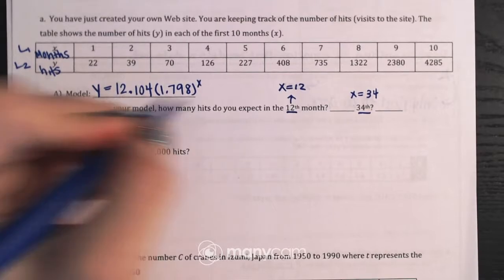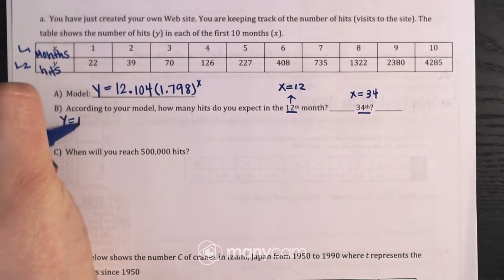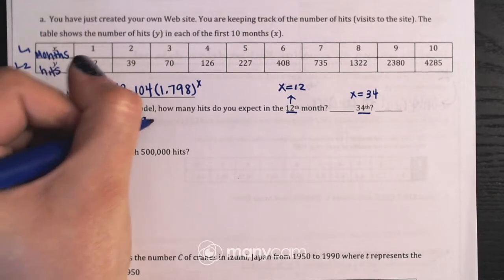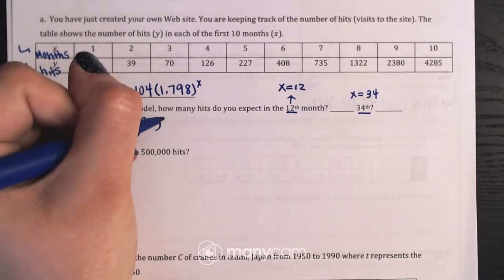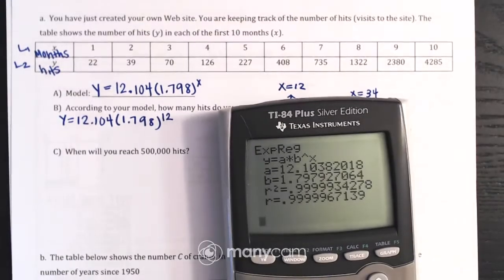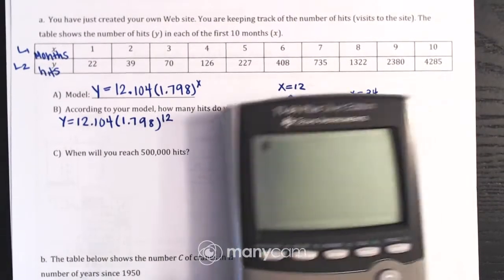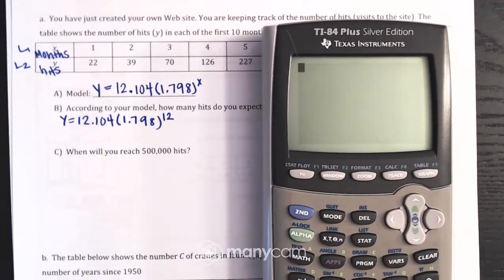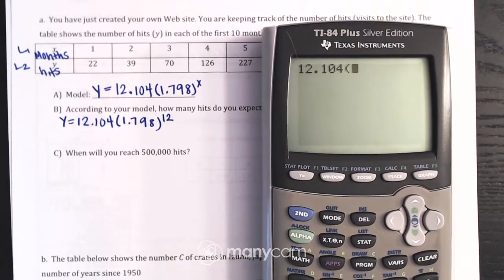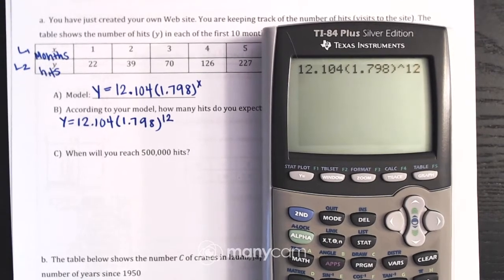Okay, so for the 12th month, we can do y equals 12.104 times 1.798 to the x, and then instead of x, we'll put 12. So I'll clear that. So I just click the clear button. 12.104 times 1.798 to the 12th power equals.